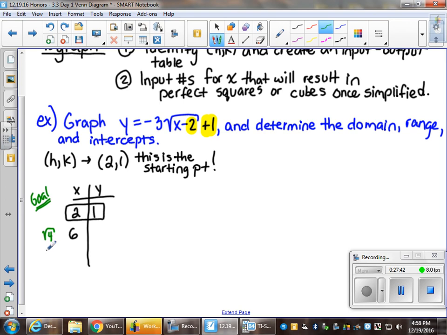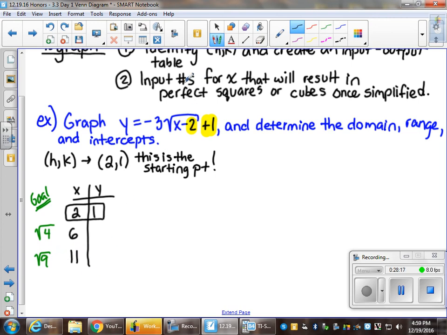The next perfect square possibility would be, what's the next perfect square? The next perfect square is 9. I'm going to make that a little bigger if it's hard to see. So here the goal was the square root of 4. X equals 6 makes that happen. The next goal would be 9 because that's the next perfect square. What would get me 9 underneath the radical? 11, because 11 minus 2 is 9.